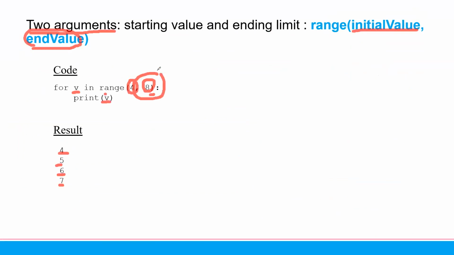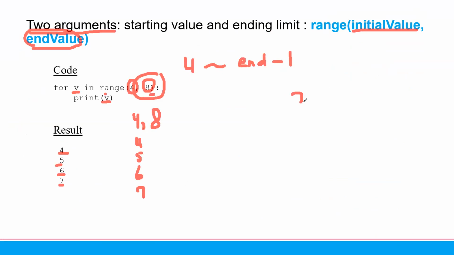Because it is the rule in Python. We will print 4 until the end value minus 1. So if you put range 4, 8, the values will be 4, 5, 6, 7.